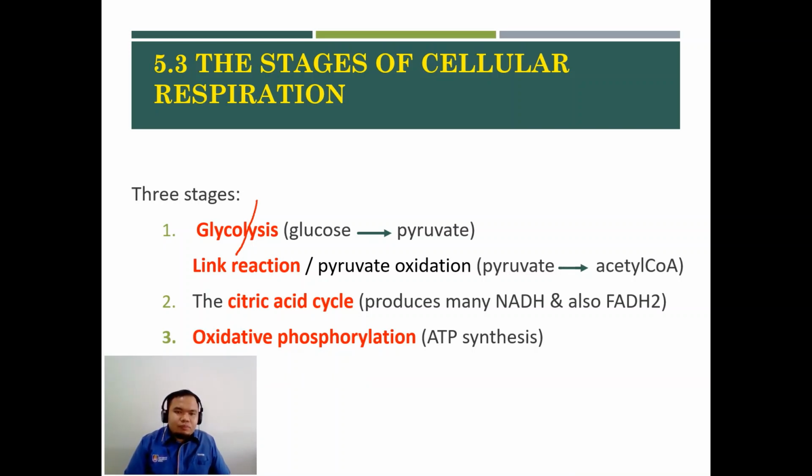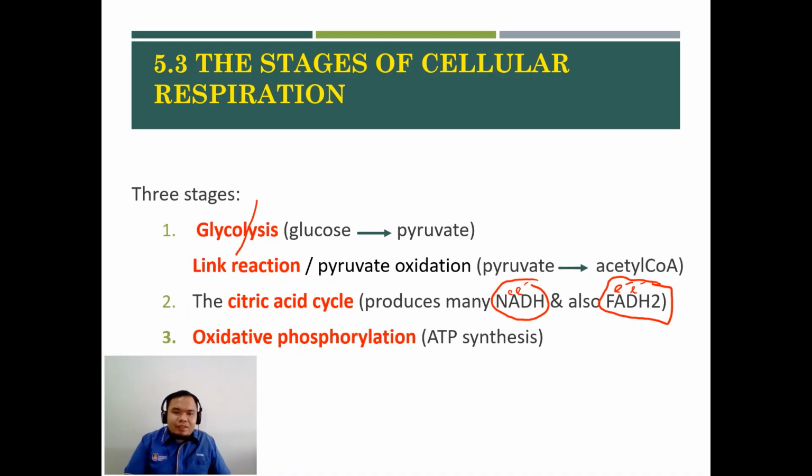This is followed by the link reaction, or pyruvate oxidation, in which pyruvate is oxidized into acetyl CoA. This acetyl CoA will then enter the citric acid cycle to produce many NADH. As you still remember, NADH has electrons, and also FADH2. This also has electrons. So you have a lot of electrons here.